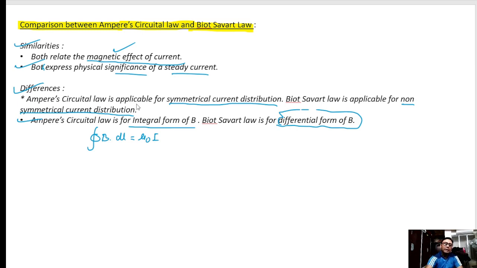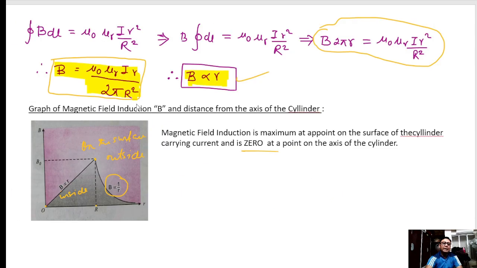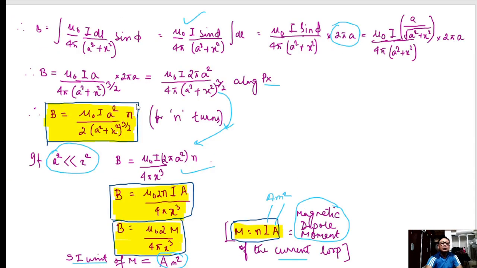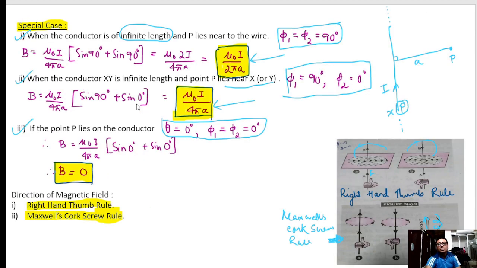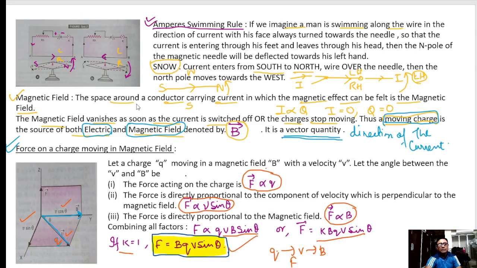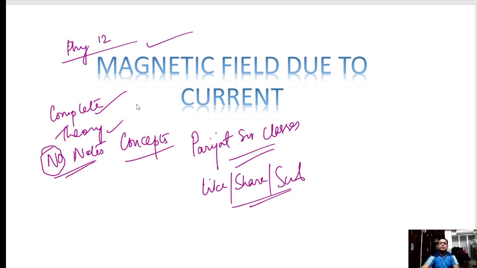So this is the end of the chapter. Today we have discussed the whole topic of the magnetic effect due to the flow of current. My suggestion is that please go through it very nicely, pause the video and listen to my lecture very carefully. Pause it many times, listen to it.